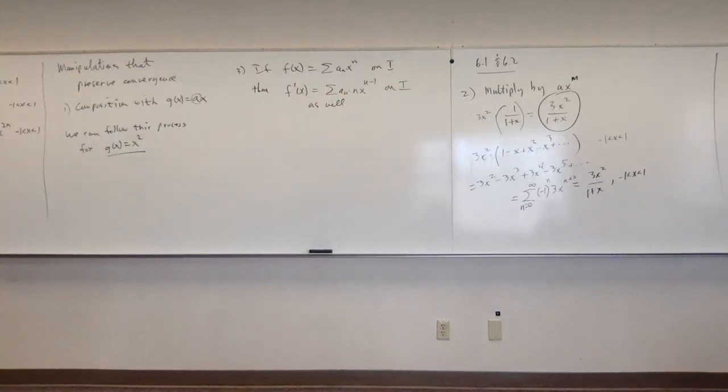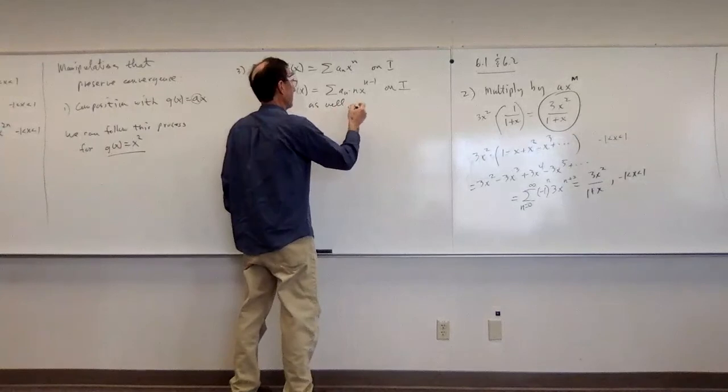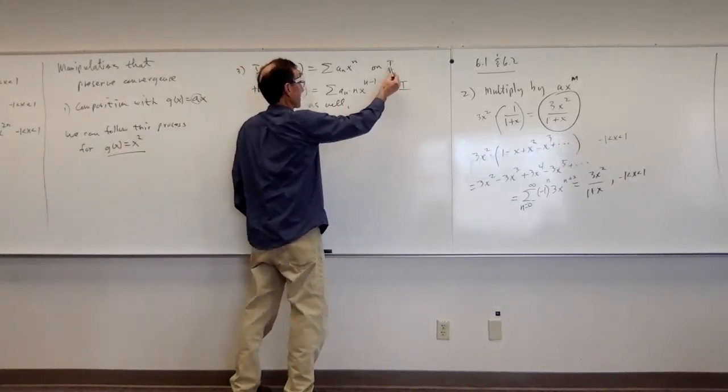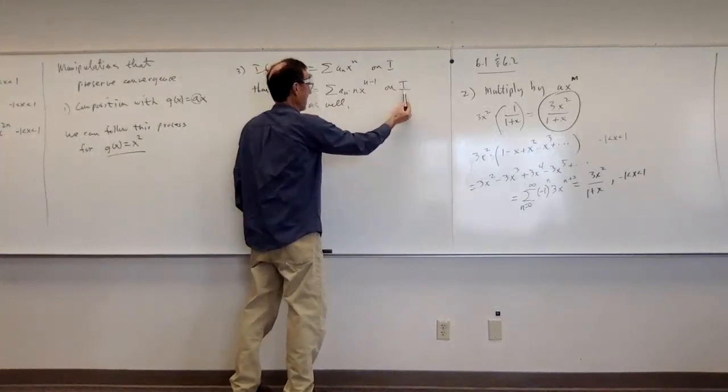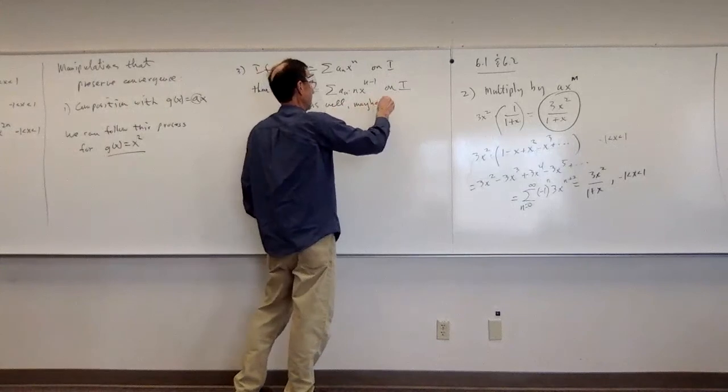You see, inside the sigma, I took the derivative term by term. Whereas for the function, we have x to the n. For this derivative, we have n x to the n minus 1. I took the derivative. Okay, and we still get convergence. The only difference is if this guy does not converge at the endpoints, this one might, maybe, at the endpoints.